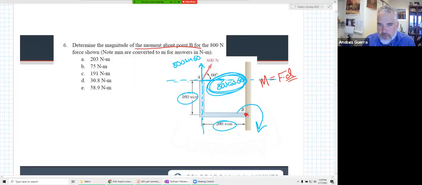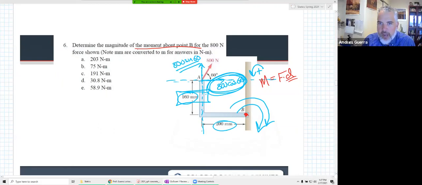And the distance would be that 160 millimeters. The 800 sine of 60 is going to cause a rotation also in that direction, which is negative. Remember, in 2D, positive is always counterclockwise. And so both of those would be negative.